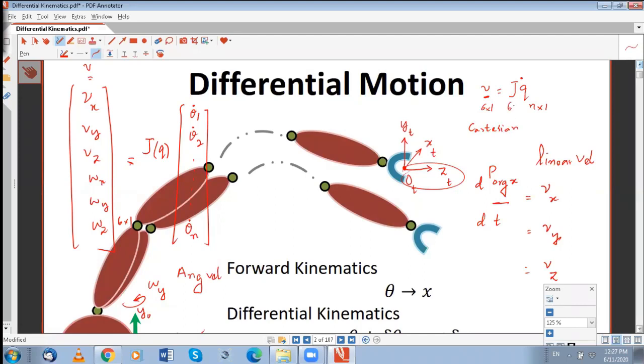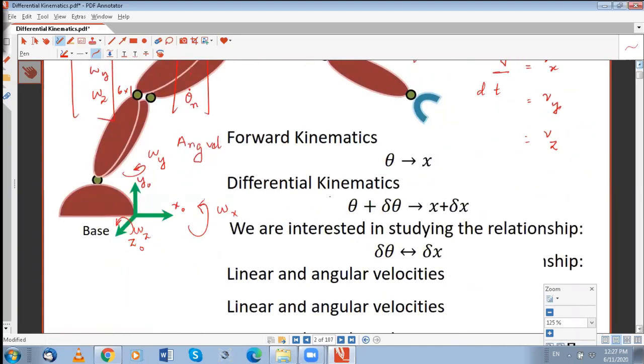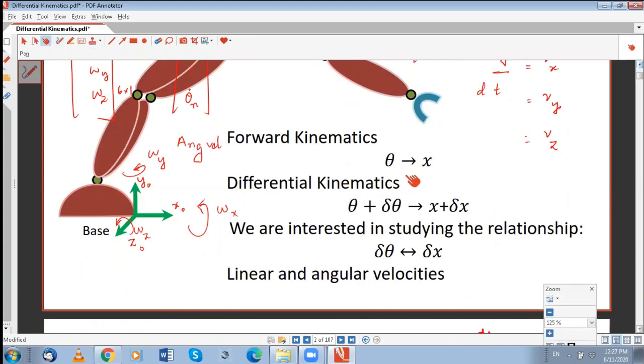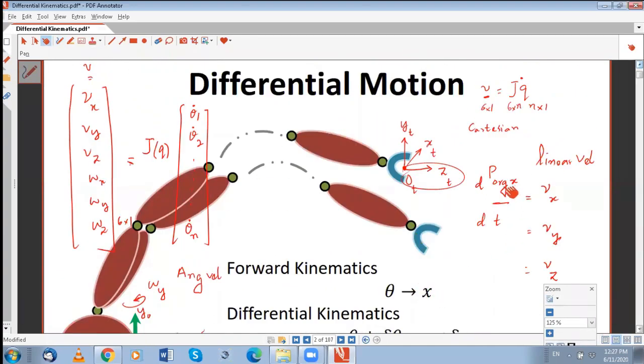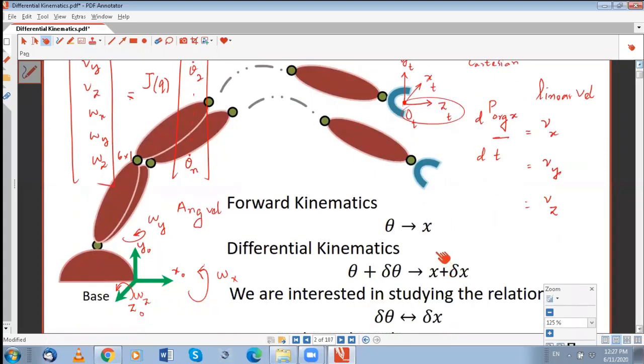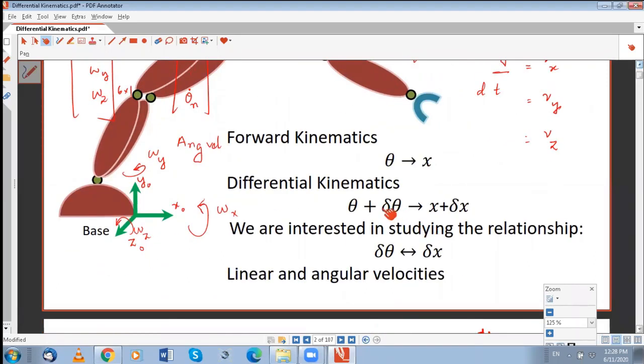And then this will be your 6 by n matrix. By x here, you can take any position along x, or you can take all 3 linear positions and the angular positions. If there is any change in theta by a small amount, delta theta, the end effector will obviously move by a certain amount, delta x.